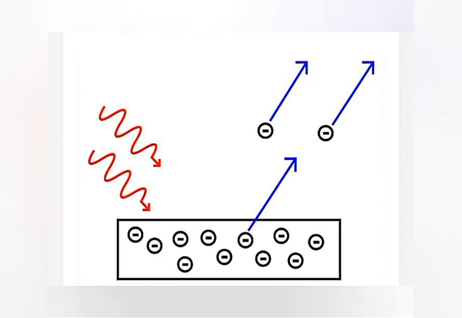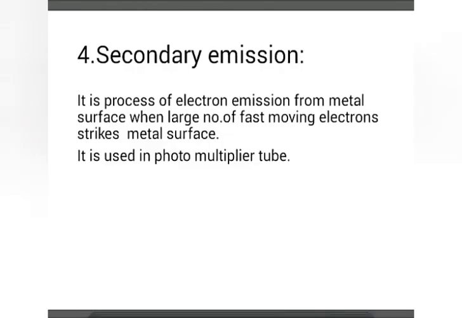And the last process is secondary emission. Secondary means here fast moving electrons are used to achieve the electron emission, hence the name secondary emission.